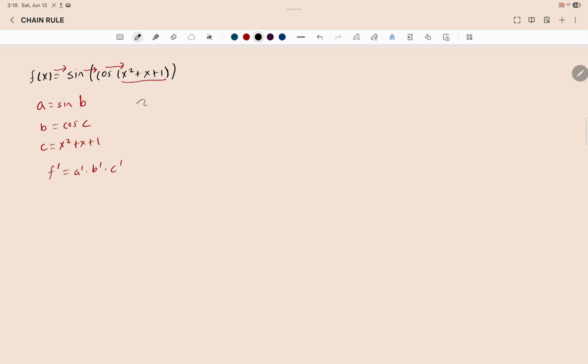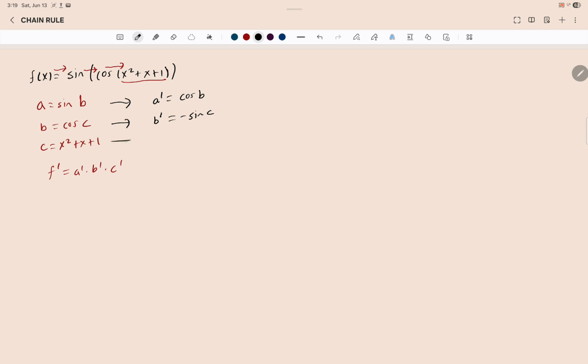Doing that on the side, a prime is just going to be cosine b, the derivative of sine b. And if b equals cosine c, then the derivative of cosine is going to be negative sine c.